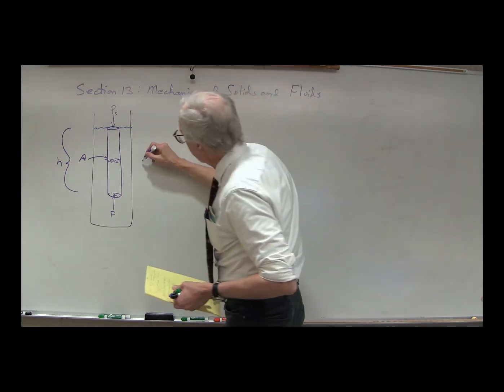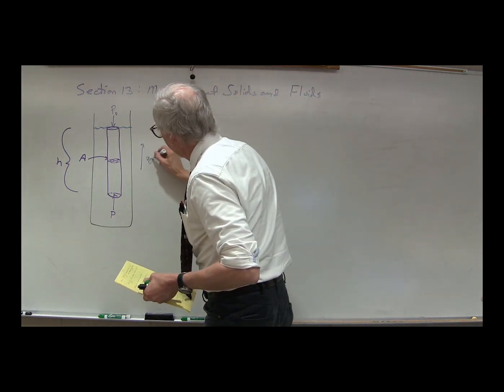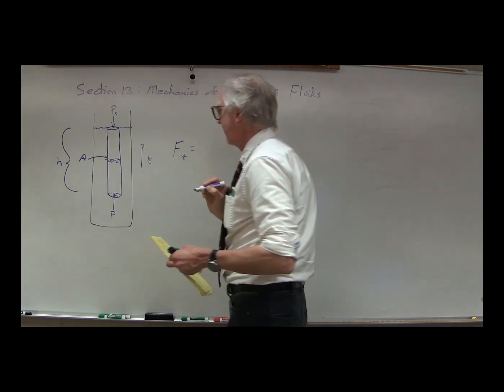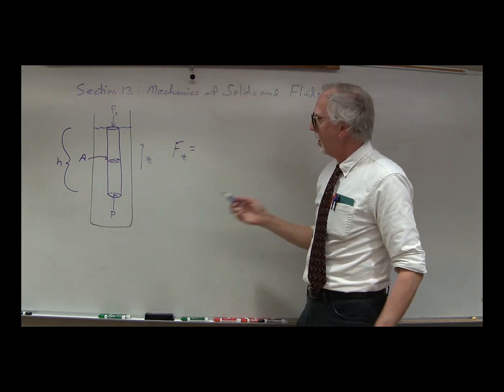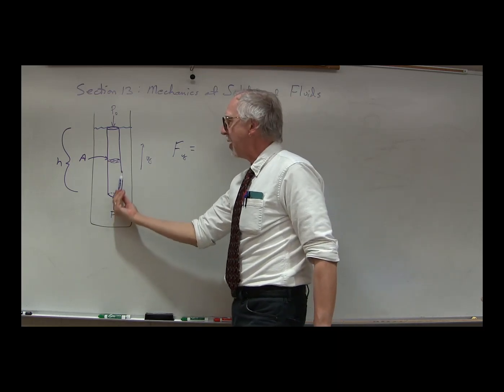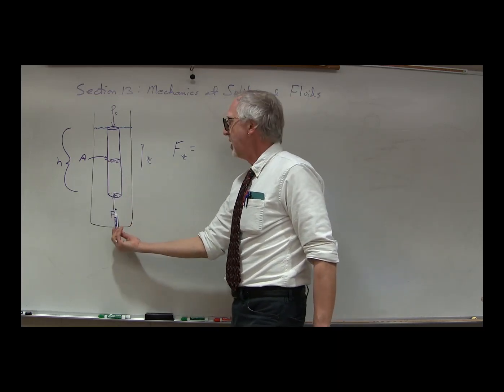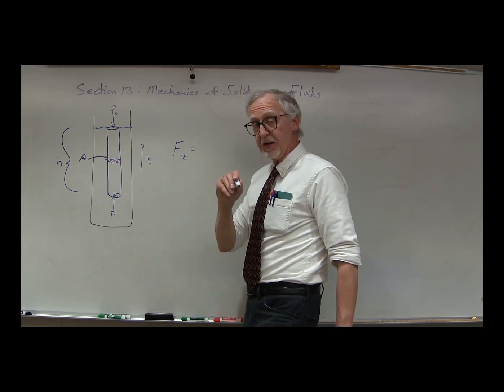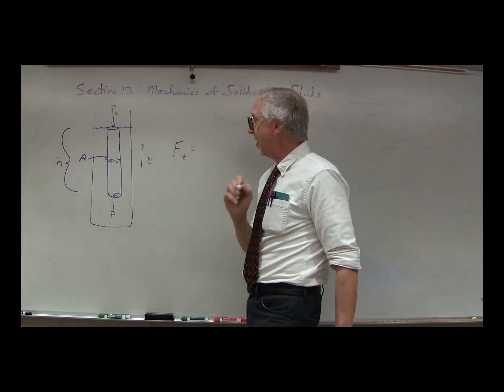First of all, let's define, say, upward as the positive y direction. Now, what are the forces acting on this in the y direction? Well, first we have the pressure from the bottom, which is pushing upward. That's the pressure. What's the force? Remember, pressure is force per area, so the force will be pressure times area.